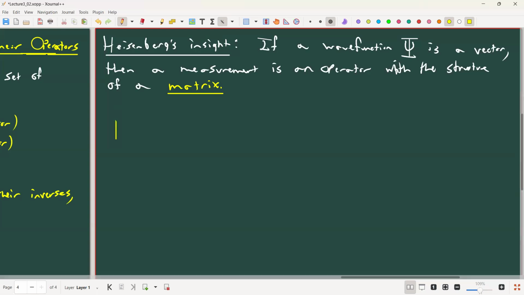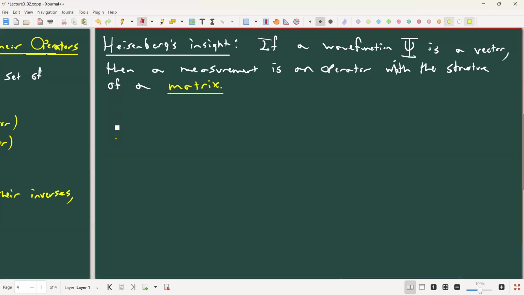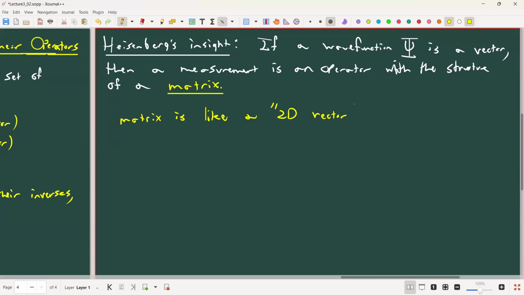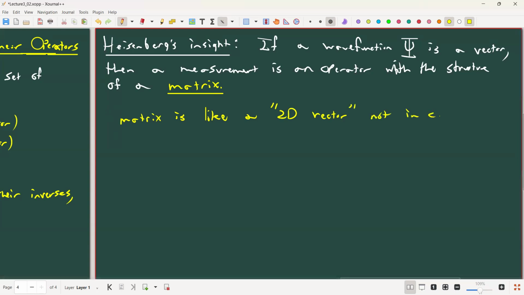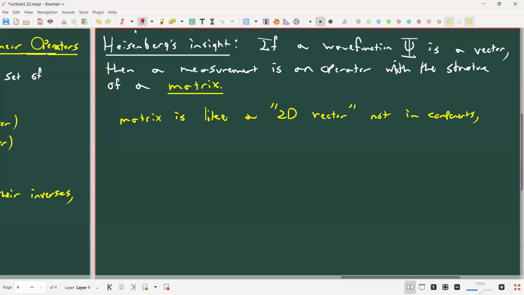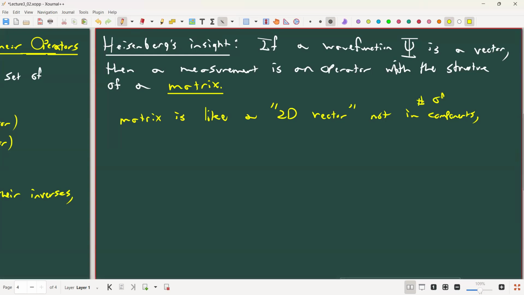So a matrix is like a two-dimensional vector, not in number of components, but in dimensions of components. So you can think of a vector as a list of numbers, right?